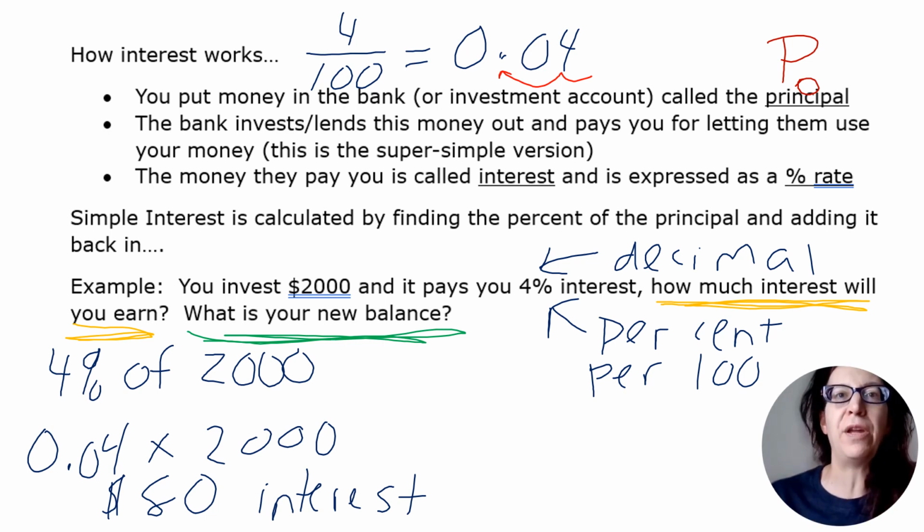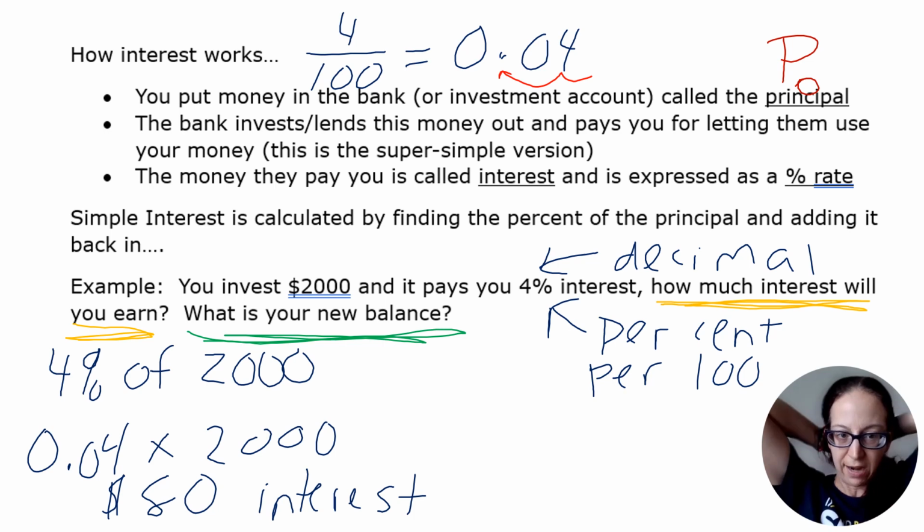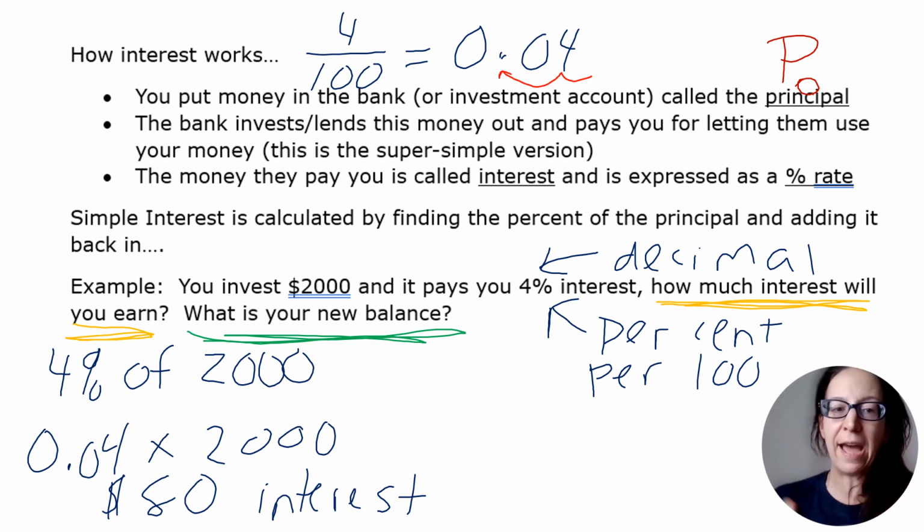That might be one of the questions that you were asked. You might be asked, what is the interest? And you would bubble in 80. You'd look for, I am earning $80 in interest. Now, the other question you might be asked is, what is your new balance? Well, that $80 interest, the bank is going to add that in to your $2,000.